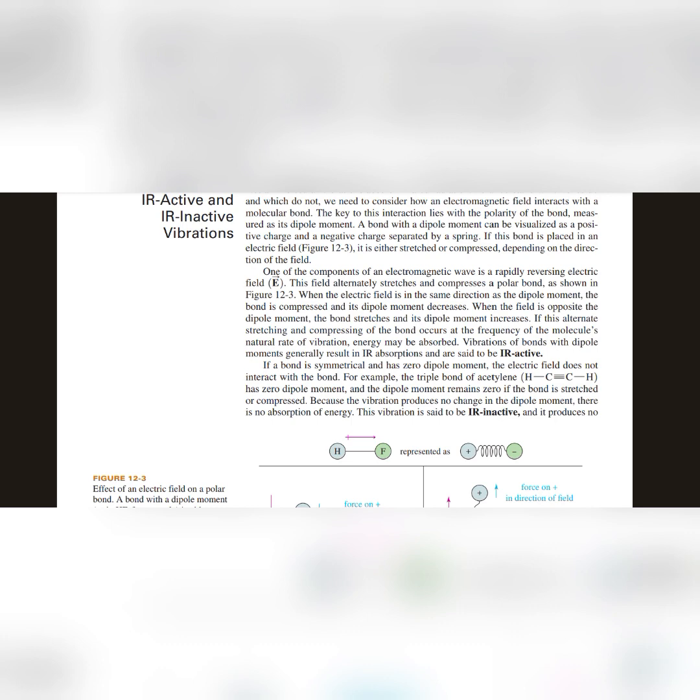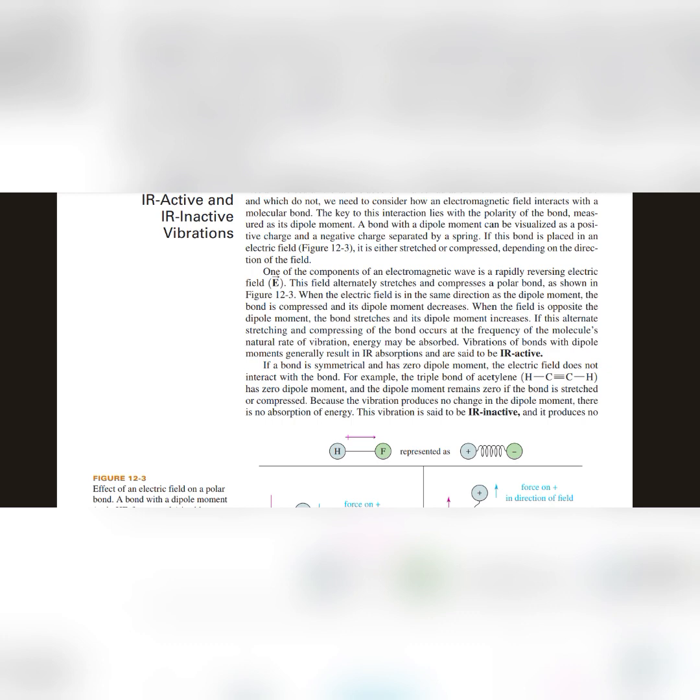This field alternately stretches and compresses a polar bond as shown in the figure. When the electric field is in the same direction as the dipole moment, the bond is compressed and the dipole moment decreases. When the field is opposite to the dipole moment, the bond is stretched and the dipole moment increases.